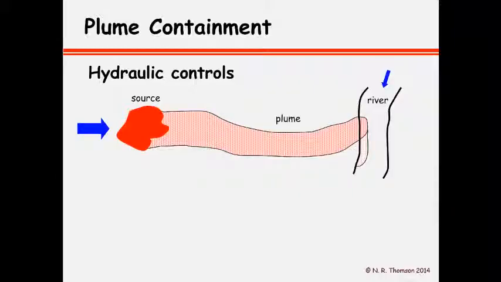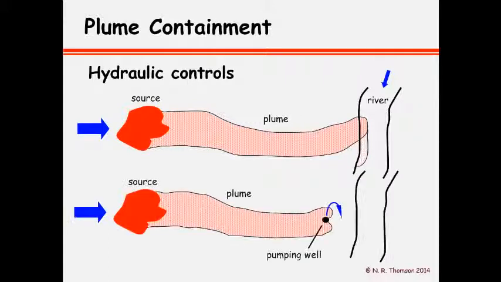Well, if we don't do physical containment systems, then the other choice is hydraulic controls. Here we have an example of a source area with a dissolved phase plume that emits off of the source area and ends up in a nearby receiving water body.